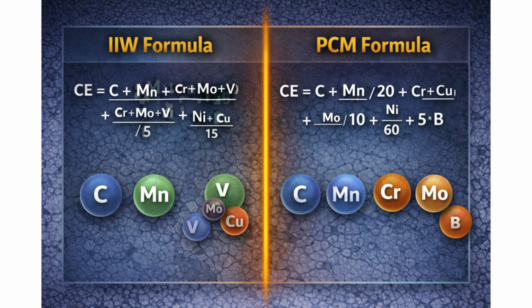Another formula, called CET, is sometimes used in European standards. Even though the formulas are different, the purpose is always the same: to predict weldability, control cracking risk, and help engineers choose the right welding procedure. On screen, we compare different formulas, but the IIW formula is the most common one you'll encounter in welding metallurgy.